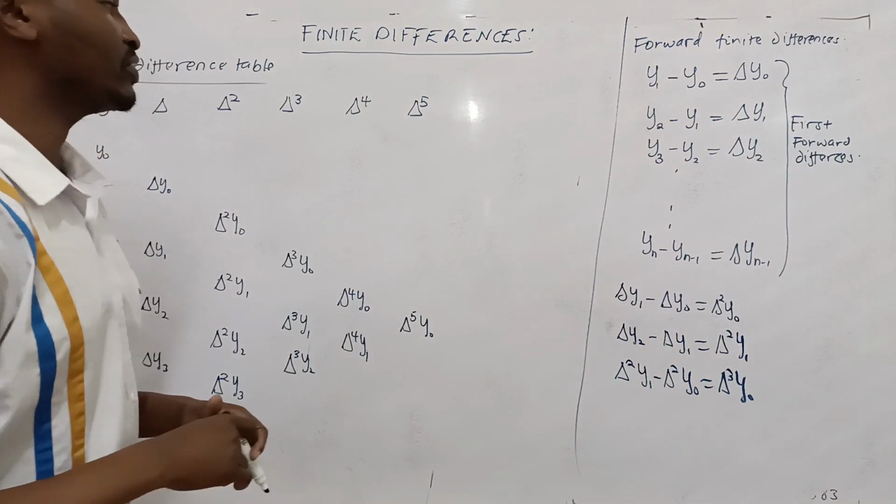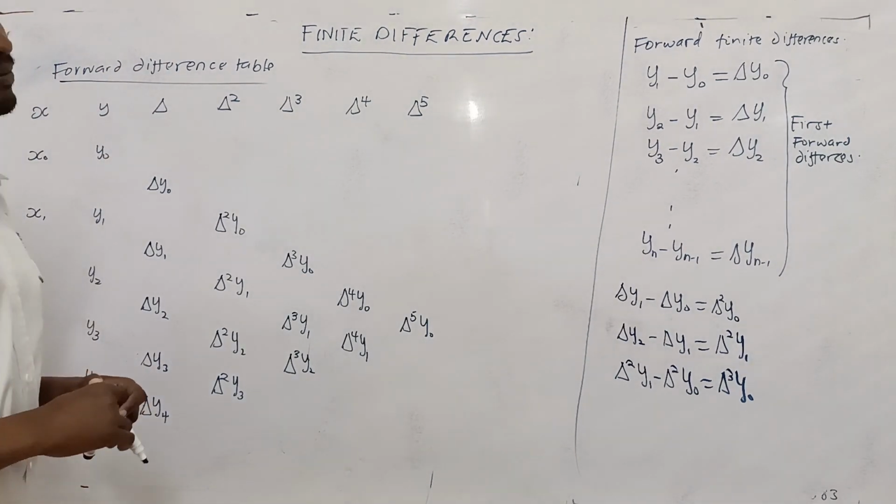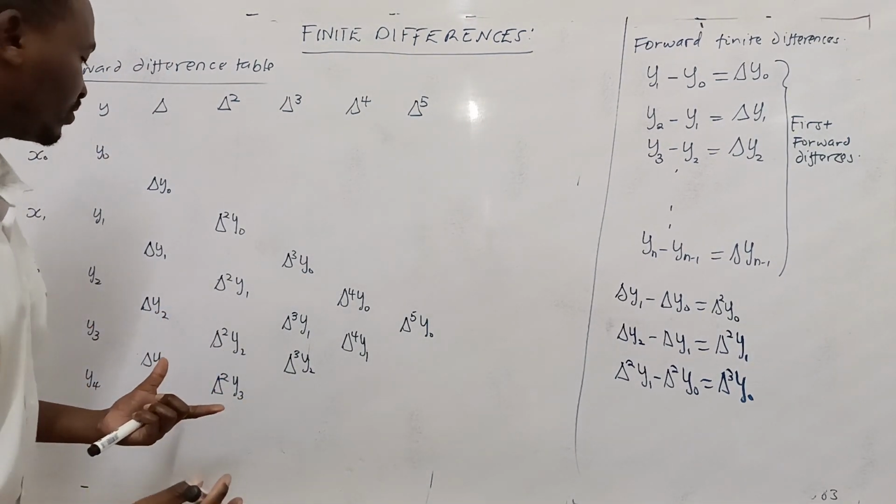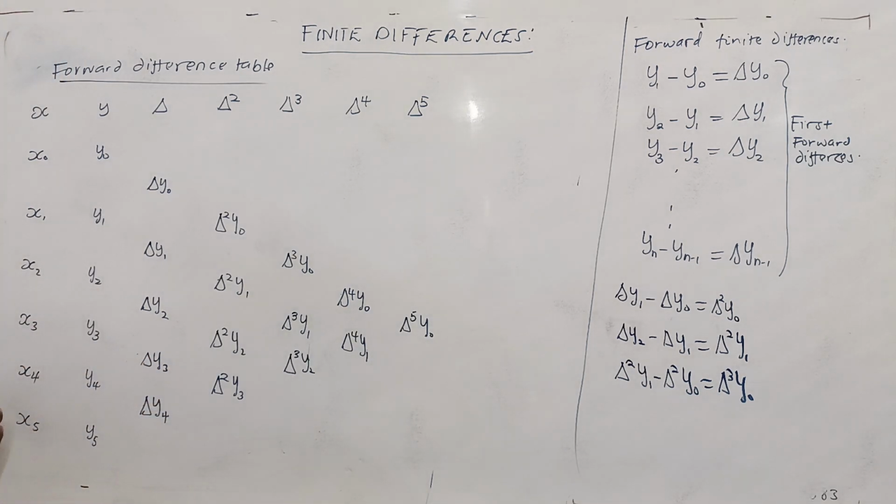In interpolation, you'll be required to find some unknown value of the entry for a given argument.